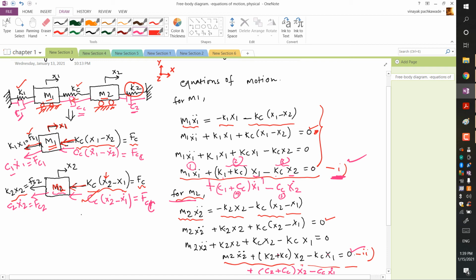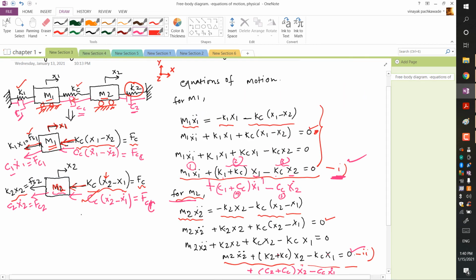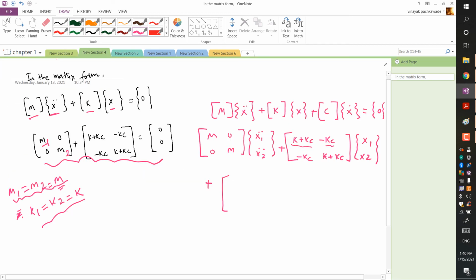That's why we have written k plus kc and minus kc. Now for the mass 2, or object 2, equation 2: the coefficient of x2 is k plus kc, because k2 is equal to k, and the coefficient of x1 is minus kc. So we have written these two expressions.